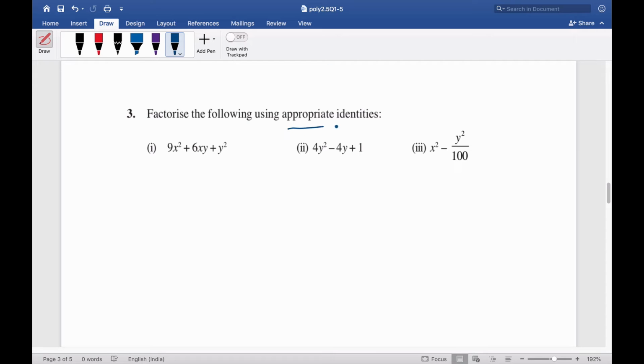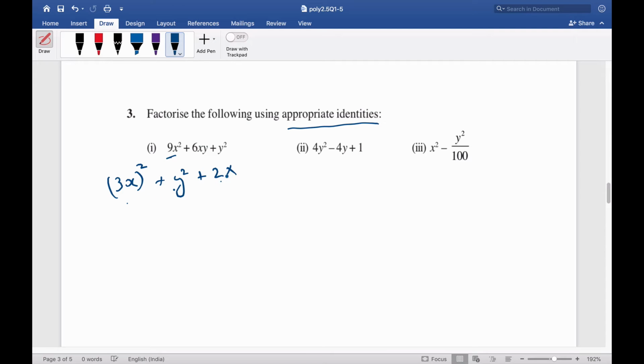Now we can use the identities which we've learned above. So this one, it's basically completing the square as we call it. So this, let's try the first part. I can write it as 3x whole square. I can write this as y square. Now if I have a square plus b square, I must have 2ab. So let's try and check if it gives me 2ab.